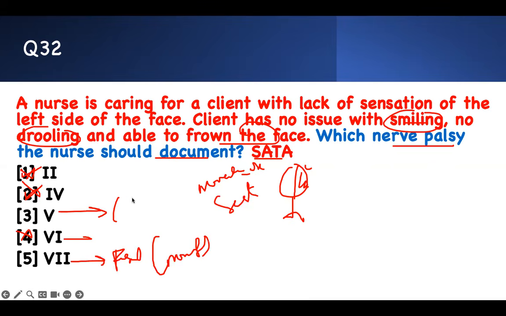And 5 is for sensation. So if I can move my face, that means the facial nerve is fine. But if I don't feel anything, it's trigeminal neuralgia. So this is the trigeminal nerve that is affected. That's why I have a sensation problem. So there's only one answer choice. If you pick 2, this was a trap. Pick more than 1, you get 0.